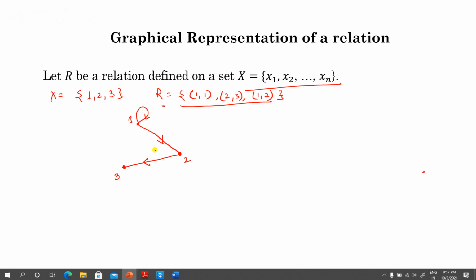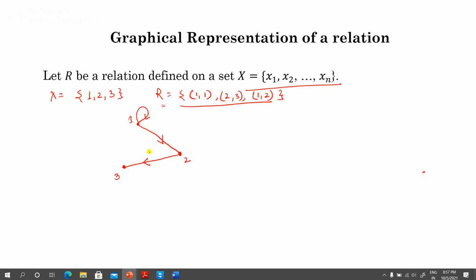Now again, with the help of the graph, we check whether the relation is reflexive, symmetric or transitive. For reflexive, if a self loop is there for each element, then we say it is reflexive. If there is an edge between two vertices, for example 1 and 2, then for the relation to be symmetric, there must be an edge from 2 to 1 also.